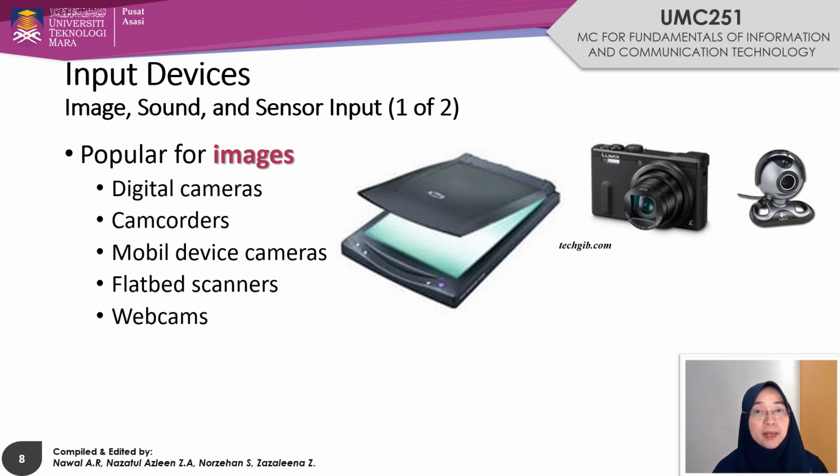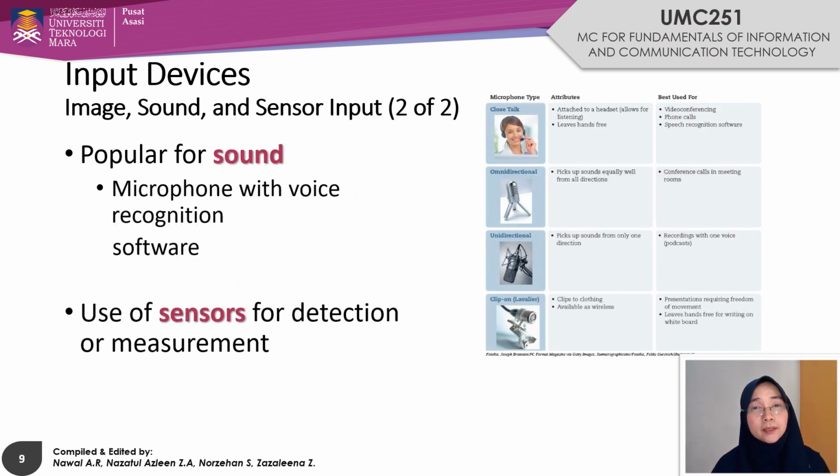We also have webcams, or front-facing cameras that attach to a desktop computer or are built into a computing device. They are mostly used for capturing and transmitting live video. A popular input device for sound is the microphone with voice recognition software.